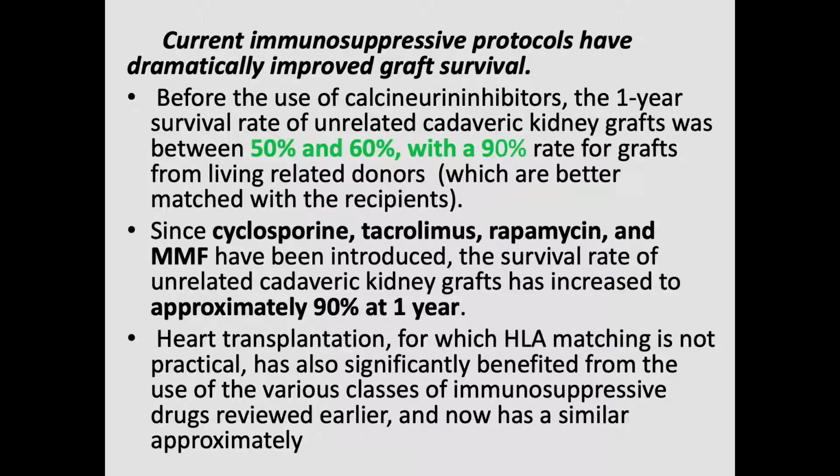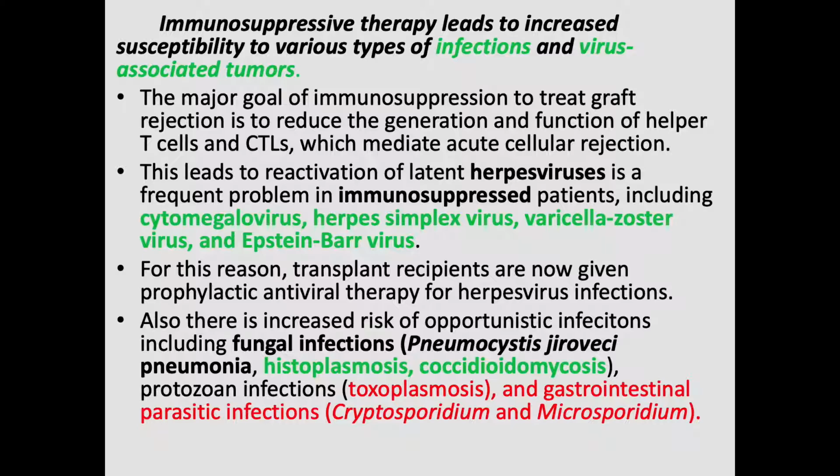Actually, we must always use them to prevent this type of rejection reaction, but sometimes, not always, these medications have side effects, and we need to use them for several years. They may predispose to the development of infections, viral infections, bacterial infections, any type of infection, and also some virus-mediated tumors or cancers may activate because of immune suppression, because we know T cells and NK cells are involved in the killing of tumor cells, okay?